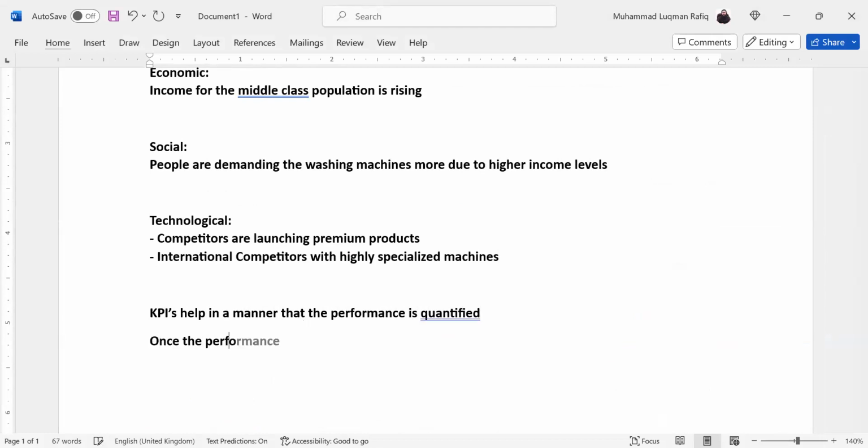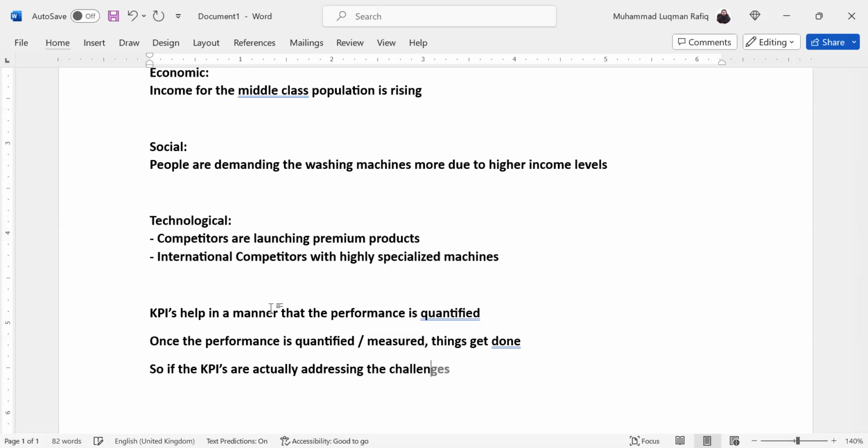Once the performance is quantified, that is, it is measured, things get done. So if the KPIs are actually addressing the challenges, then they will help overcome those challenges.